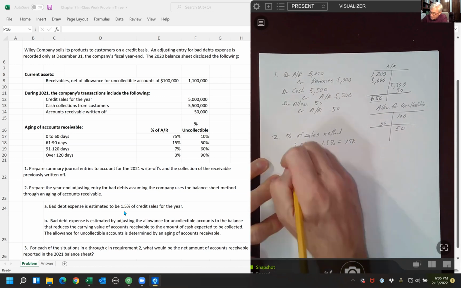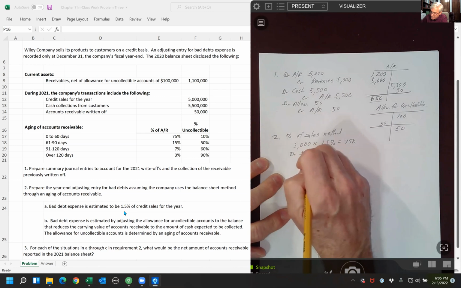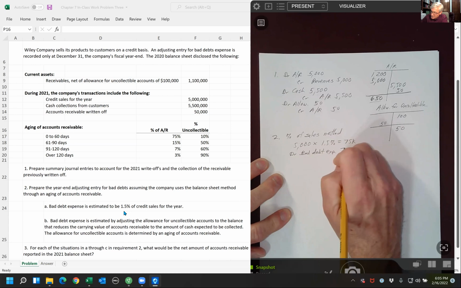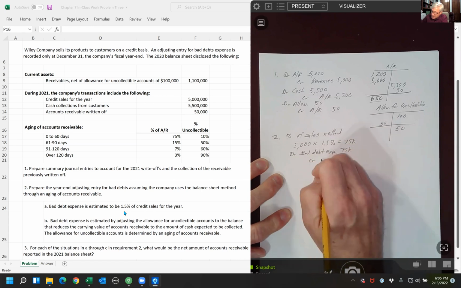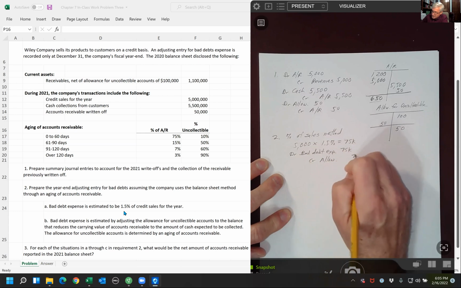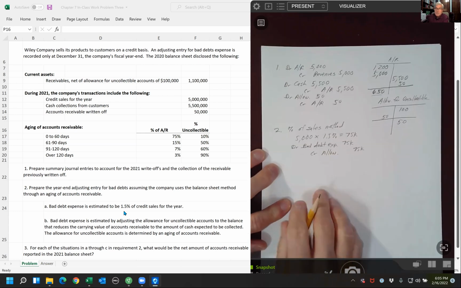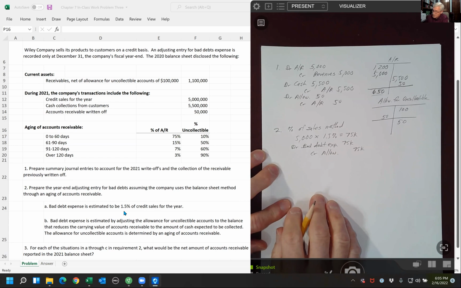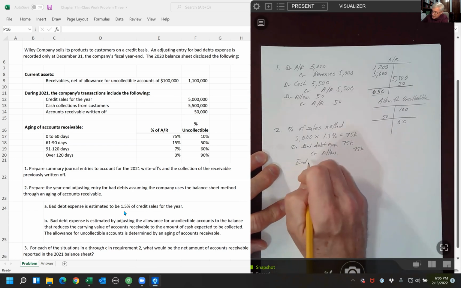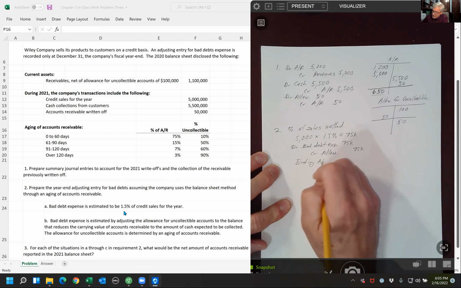Therefore, debit bad debt expense 75,000. Credit the allowance account for 75,000. What's our ending allowance account?